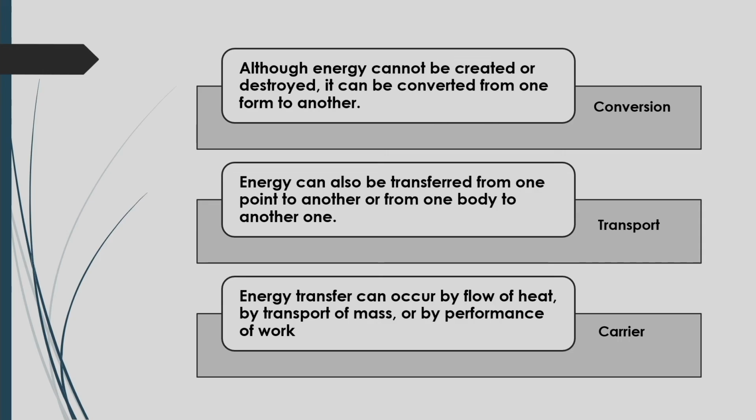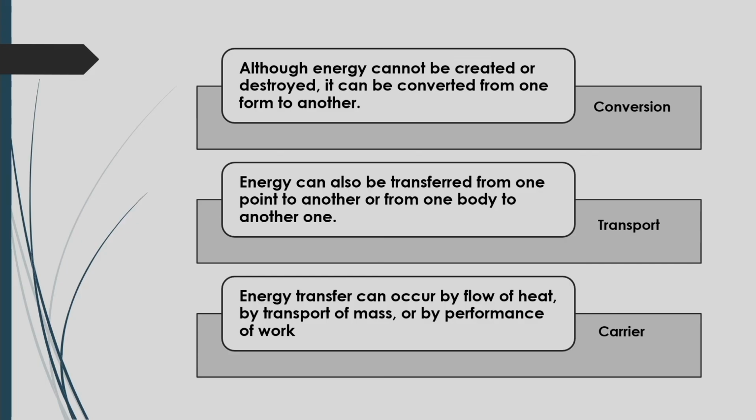Like if a hot object is touched with a cold object, what will happen? You will see that heat energy will be transferred from the hot body to the cold body. So, this heat energy is transferring from one body to another, and it can also be transferred from point to point within the same object or material.